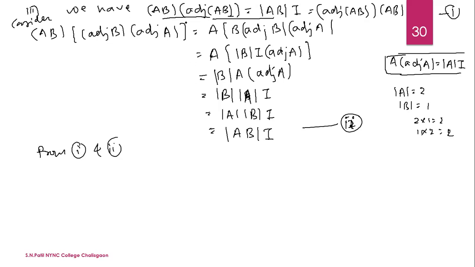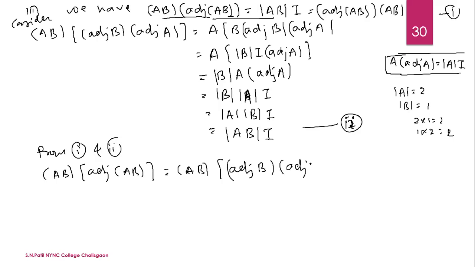So we can write the LHS also the same, that is AB into adjoint of AB is equal to AB into adjoint of B into adjoint of A.